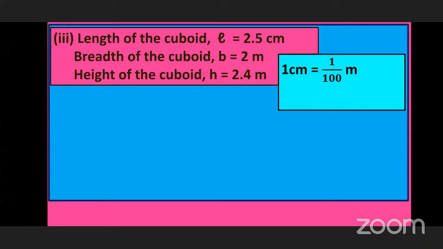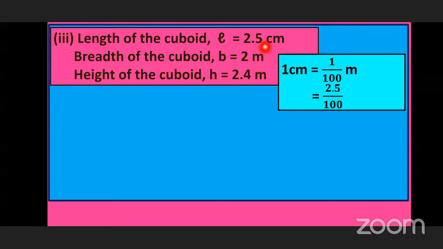Okay. So see, 1 centimeter is 1 upon 100 meter. See, these two are having same units. So we have to change the unit of centimeter to meter. That means we have to convert this 2.5 centimeter into meter. So which will be 2.5 upon 100.